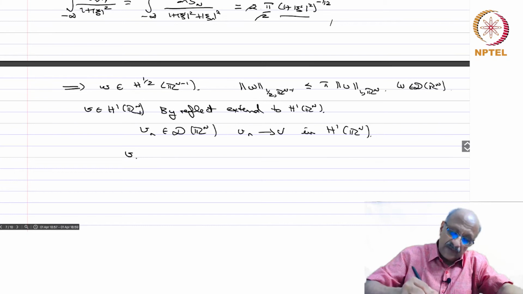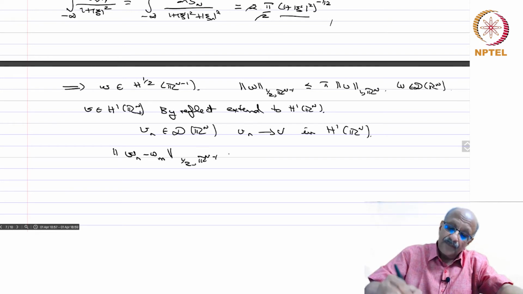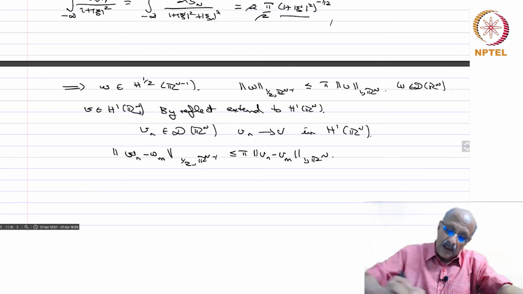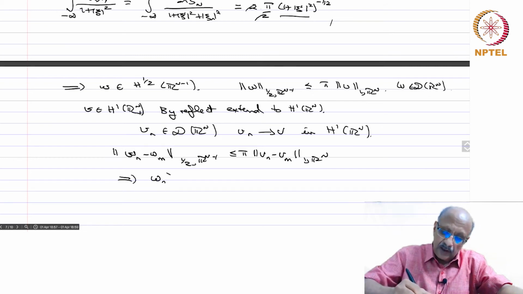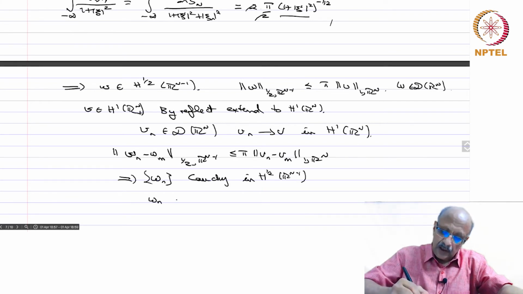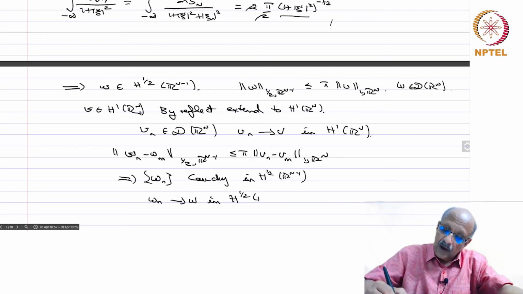Then by what we have just seen, we saw that Wn minus Wm in H half Rn minus 1 is less than or equal to pi times norm Vn minus Vm in H1 Rn, and therefore this implies that Wn is Cauchy in H half Rn minus 1. So Wn converges to some W in H half Rn minus 1.